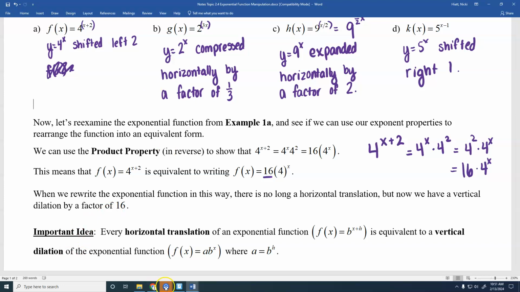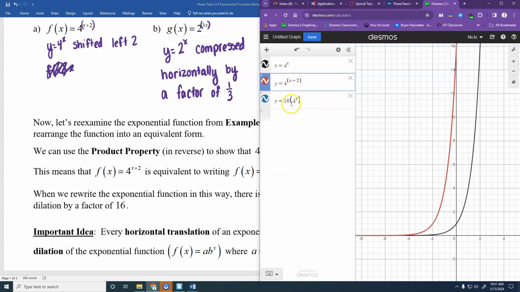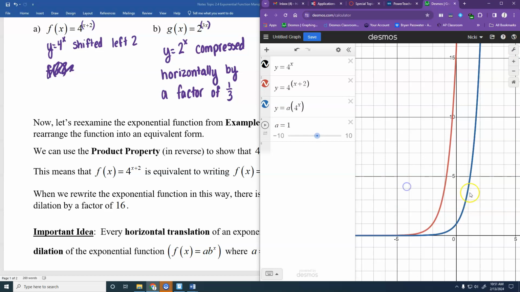Sometimes it's really hard for me to picture that. Let me make this an A right here and add a slider. Now my blue graph is right here, and as I make that number bigger, you can see this is the original. This red is what I would have here. So that graph is getting stretched vertically. As I make that number bigger, it's stretching it vertically.